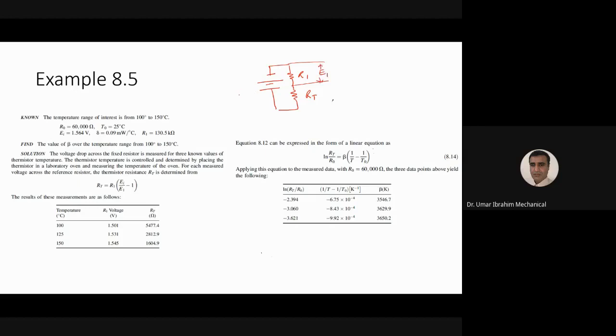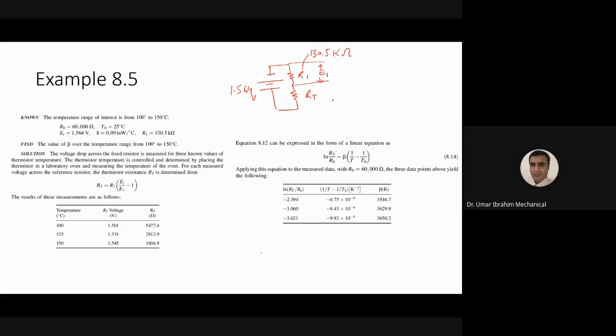We know that value, which is 1.564 volt. We know that R1 value is 130.5 kilo ohm.